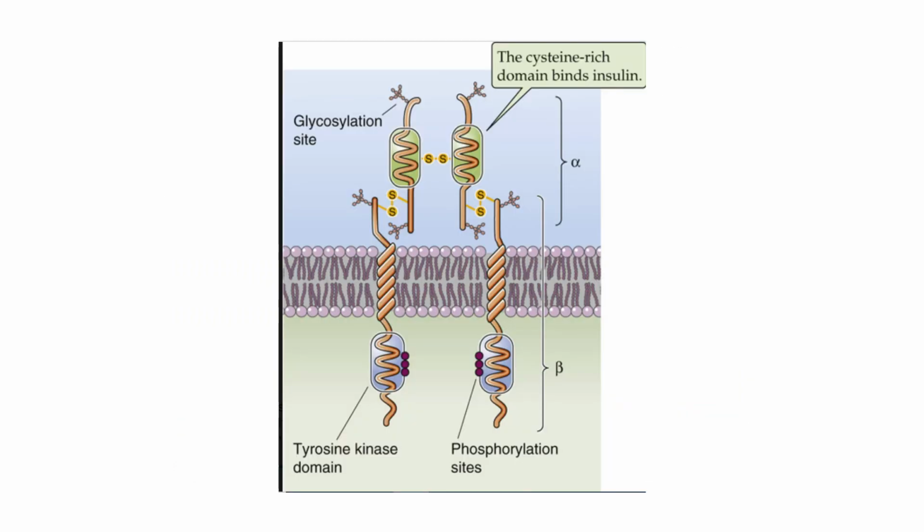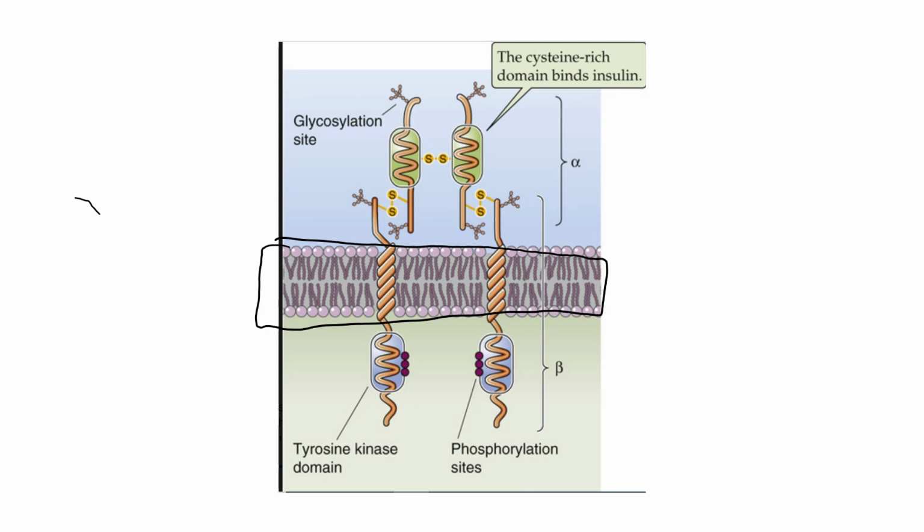This is an insulin receptor located on the skeletal muscle cell, which is a transmembrane, ultimately integral protein. Oftentimes it's referred to as tyrosine kinase receptors, but it's a little bit more sophisticated than that. So let's talk about what this insulin receptor, this integral protein that serves as a receptor, looks like.